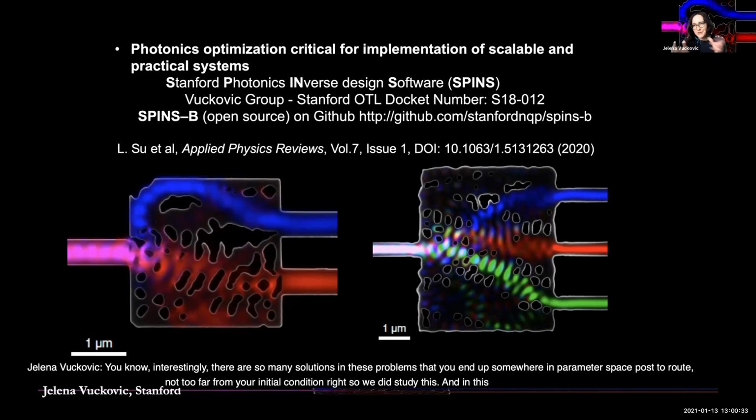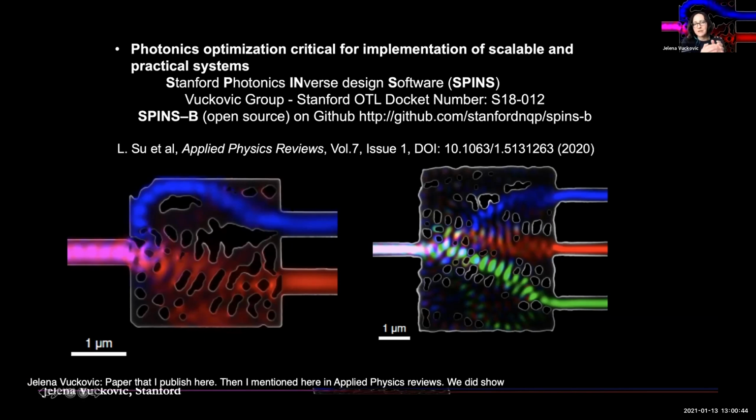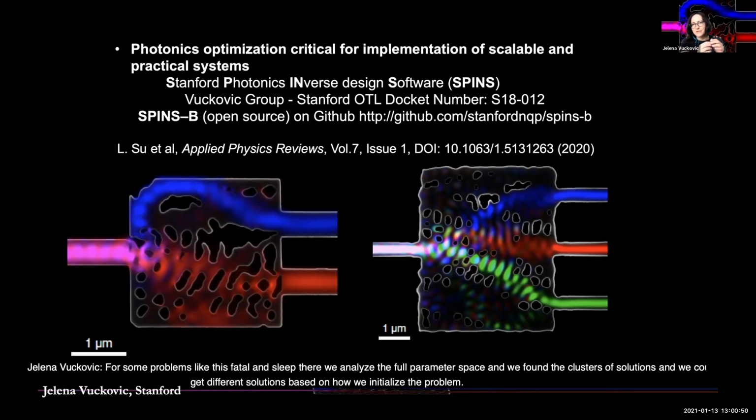Interestingly, there are so many solutions in these problems that you end up somewhere in parameter space not too far from your initial condition, right? So we did study this, and in this paper that I mentioned here in Applied Physics Reviews, we showed for some problems like this wavelength splitter that we analyzed the full parameter space and we found clusters of solutions, and we could get to different solutions based on how we initialized the problem.